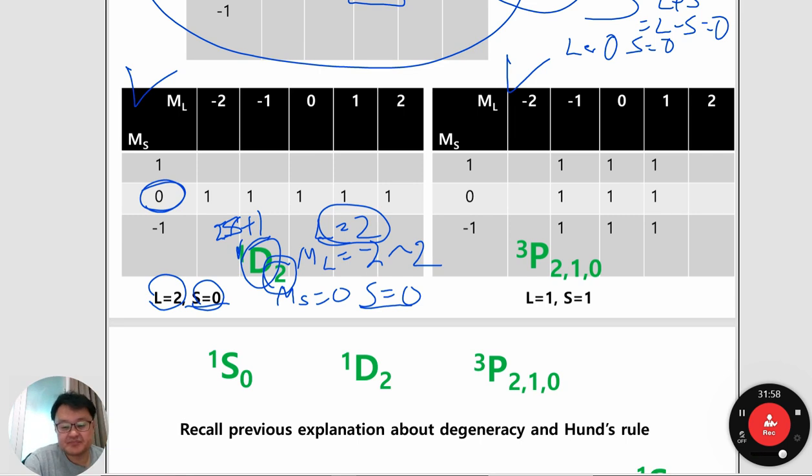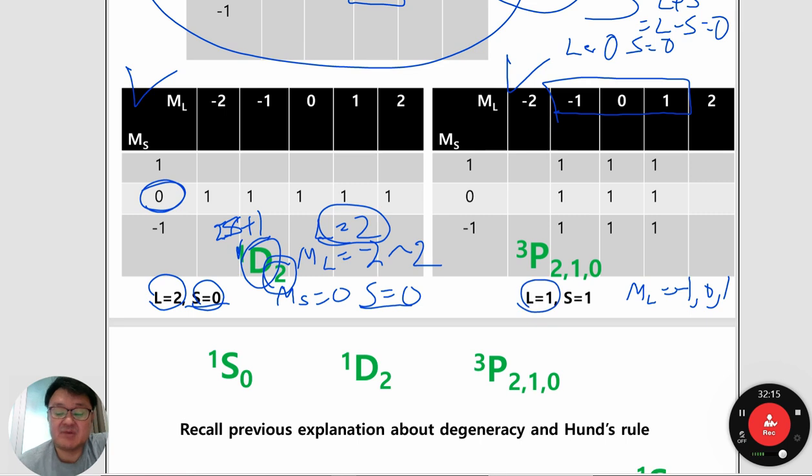Right. The third table is the most complicated one. Now the ml value is from minus 1 to 1: minus 1, 0, 1. That means that L can be 1, right? And ms is minus 1, 0, 1, as you can see here, so S should also be 1. If L is 1, then you should have P as the main body of the term symbol.